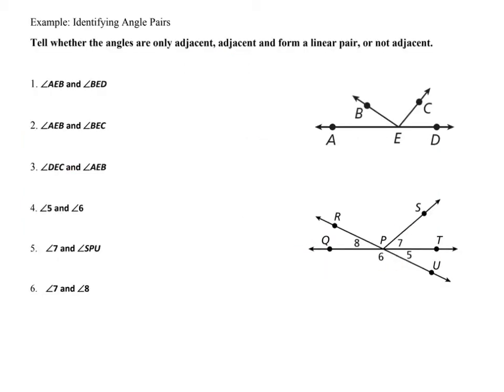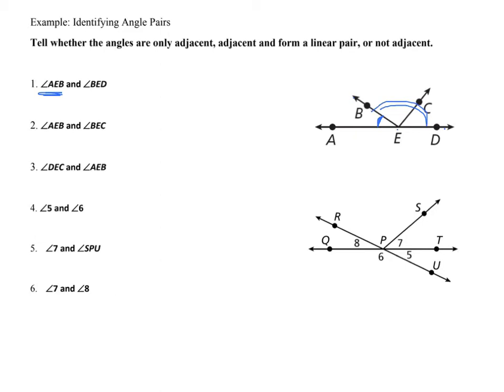Alright, so a little practice here. Tell whether the angles are only adjacent, form a linear pair, or not adjacent at all. So this first question is asking about angle AEB, which is this angle, and BED. So I'm going from B to E to D. So that's actually going to be this entire angle right there.